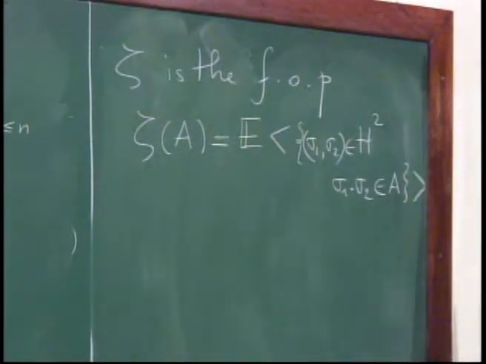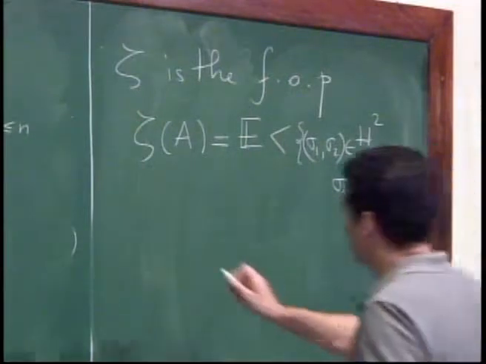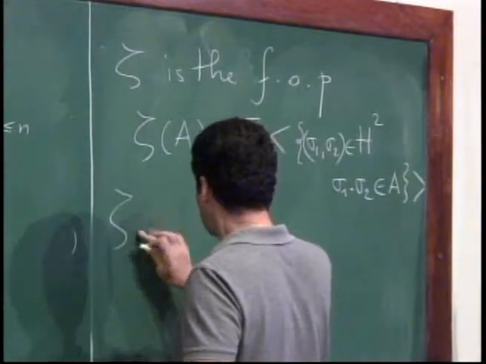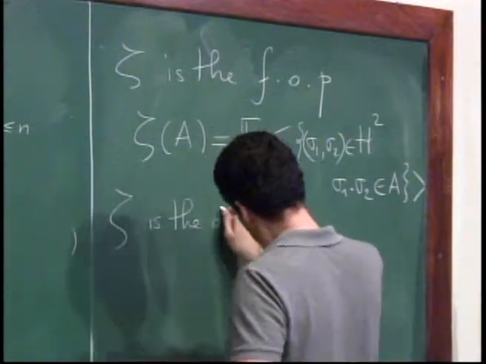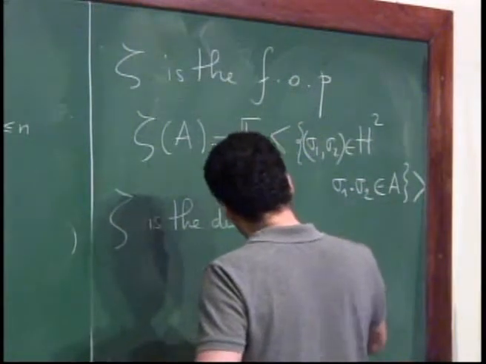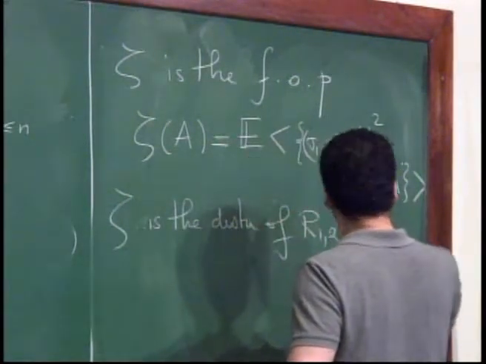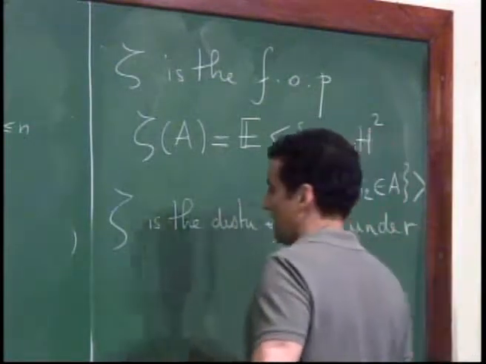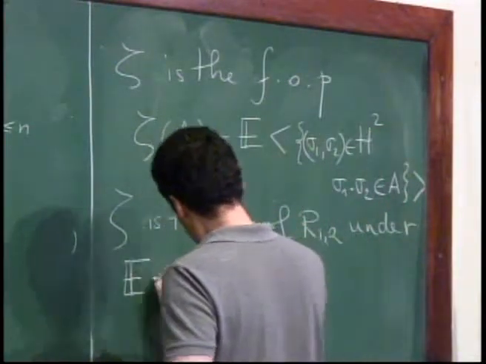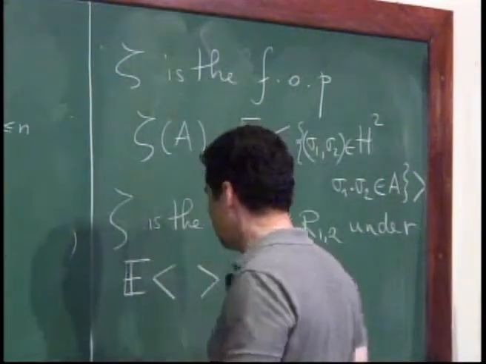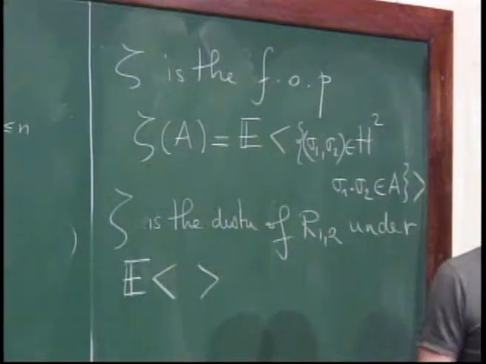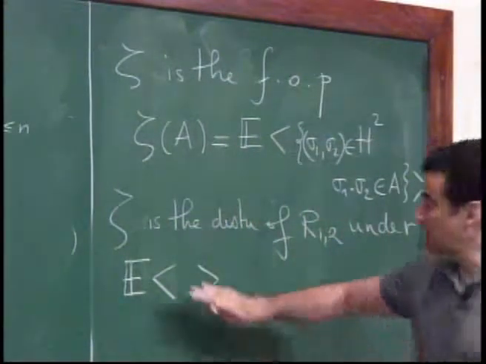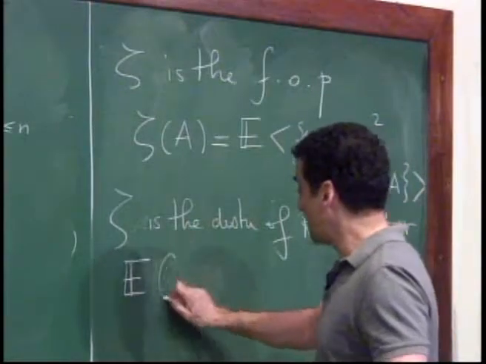So zeta is the distribution, if you want, of R12 under E, because there are only two replica, under E G^{\otimes 2}.